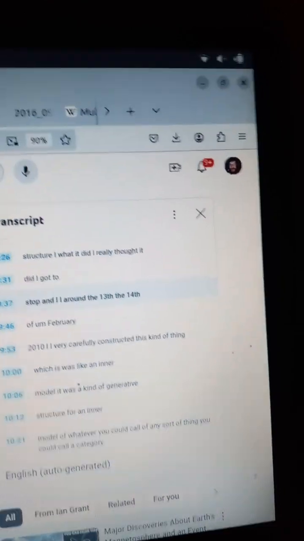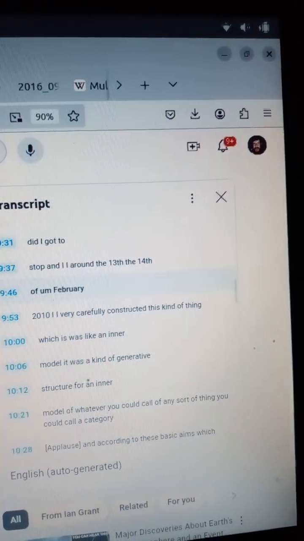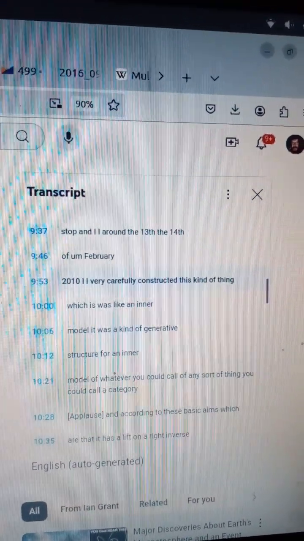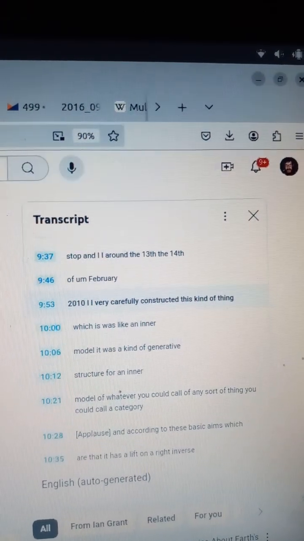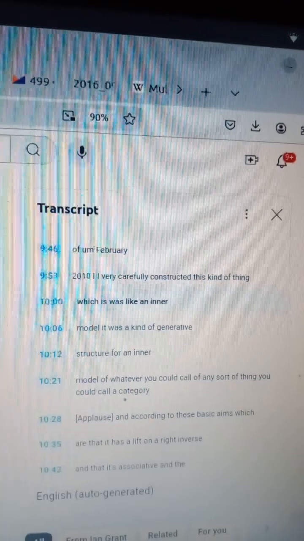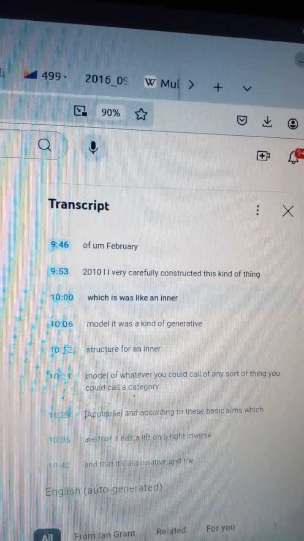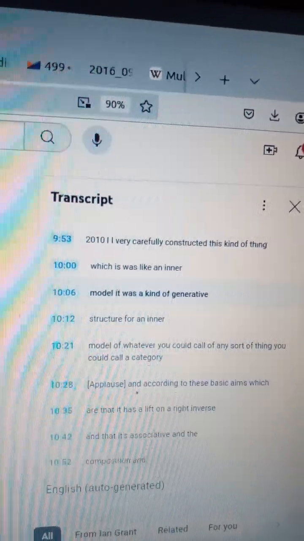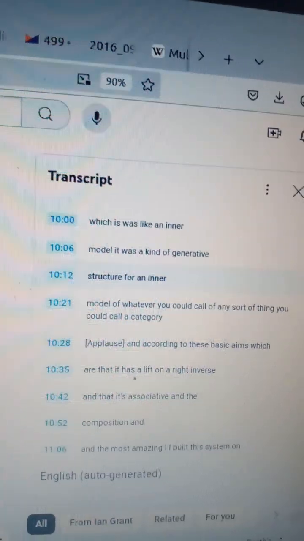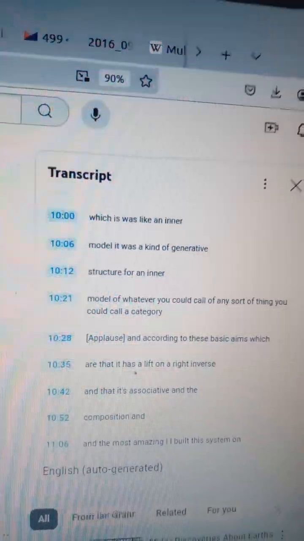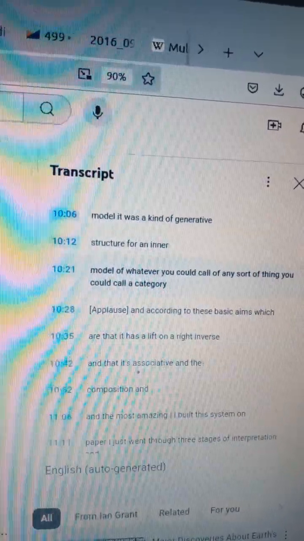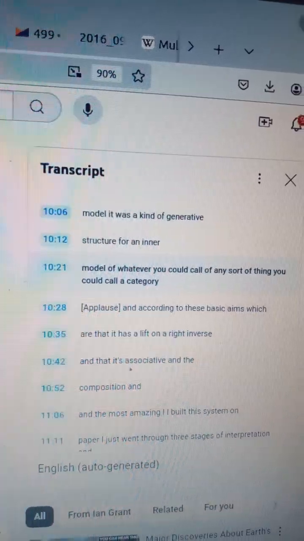Around the 13th or 14th of February 2010, I very carefully constructed this kind of thing, which was like an inner model. It was a kind of generative structure for an inner model, of any sort of thing you could call a category.